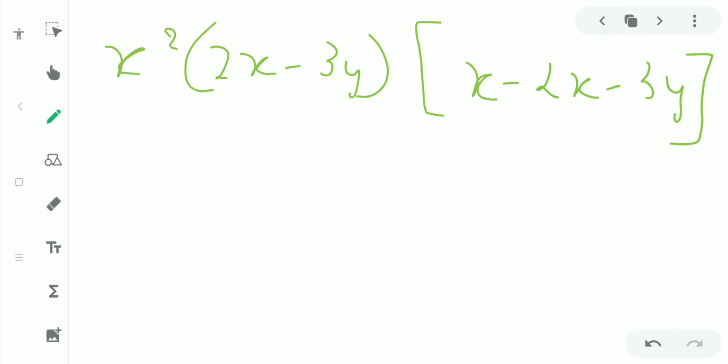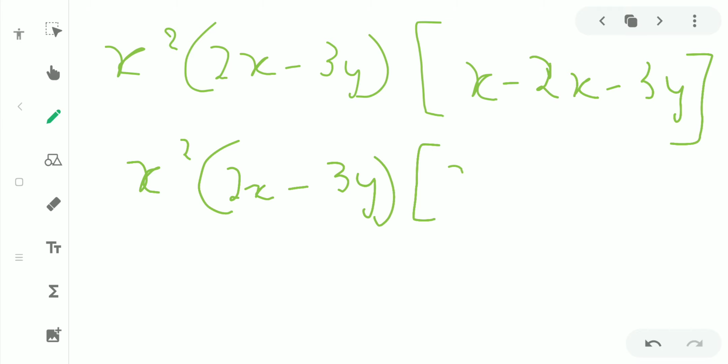Now we can do further simplification. x minus 2x is nothing but minus x. So we will get x square into 2x minus 3y into minus x minus 3y.